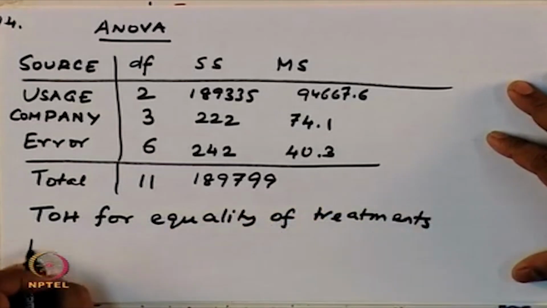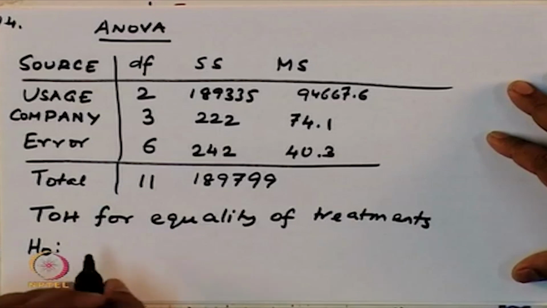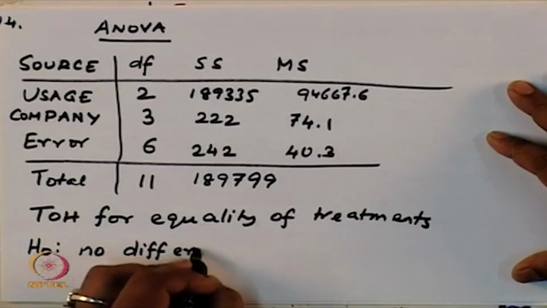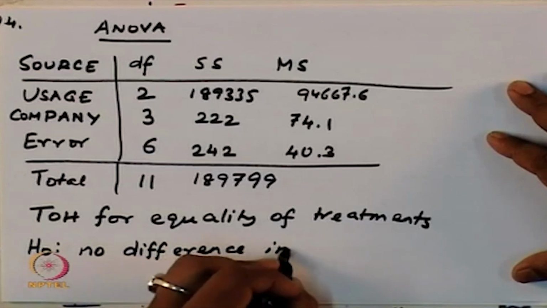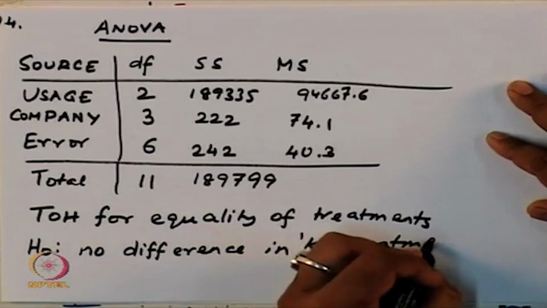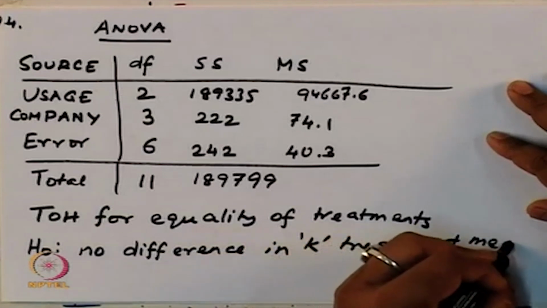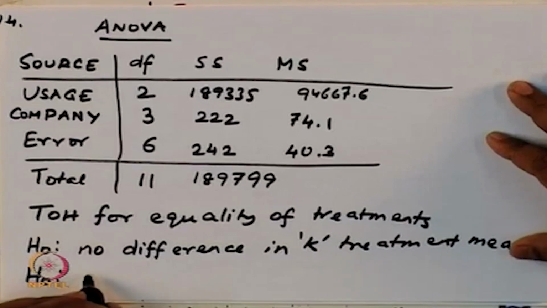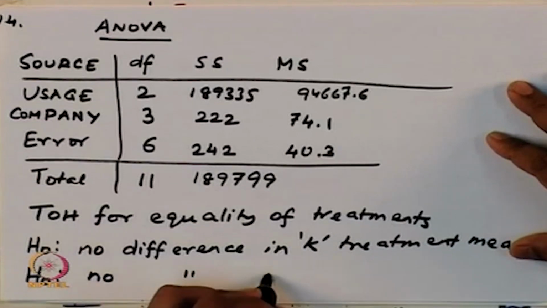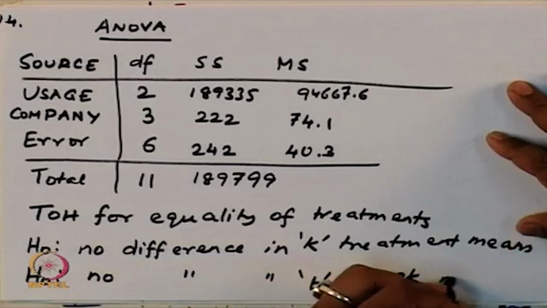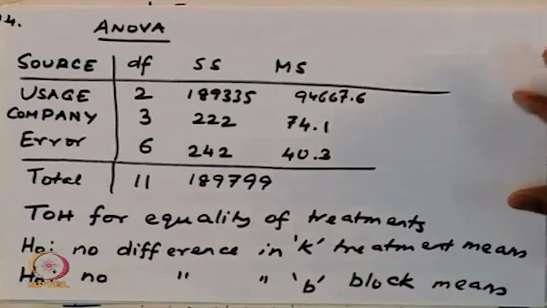Your H naught is either no difference in K treatment means, or you can also have no difference in B block means. You can have these two cases.